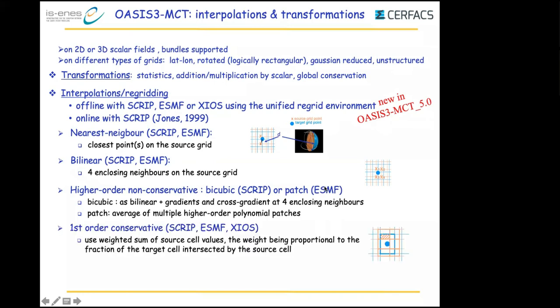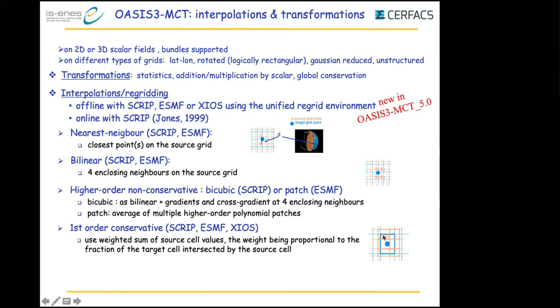You can use a conservative remapping, for example, first order. In this case, a target point is associated to a target cell, and the source cells that contribute to the calculation of the grid point on that target cell are the cells that are intersecting the target cell, and the weight is proportional to the area intersected.